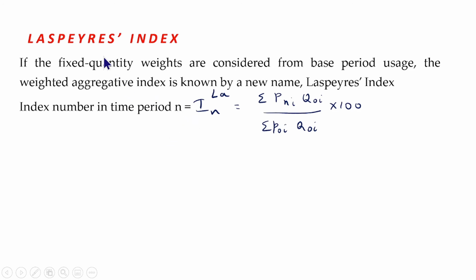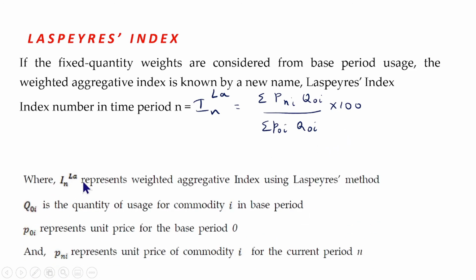According to him, he has recommended that if we use the quantity consumed during the base period as weights, then the index number will be better. So the index number is given by summation Pni Q0i upon summation P0i Q0i into 100, where InLA represents weighted aggregative index using Laspeyre's method.